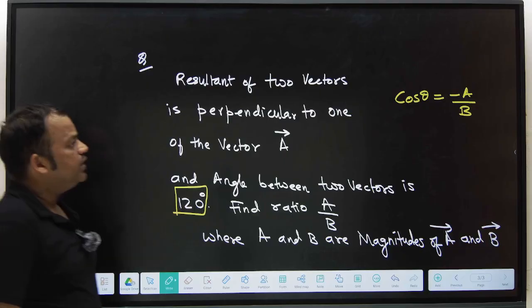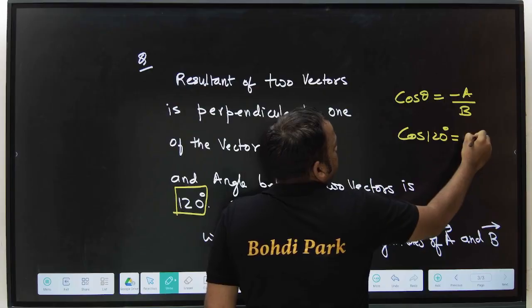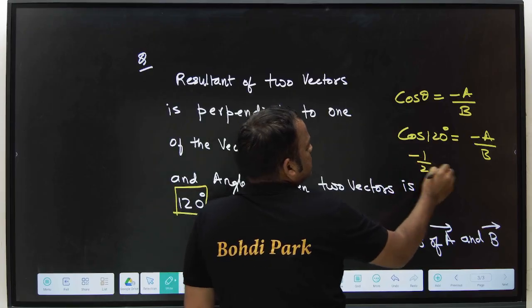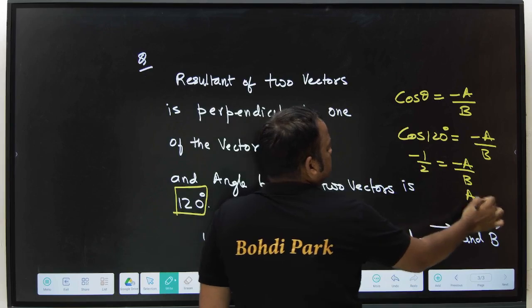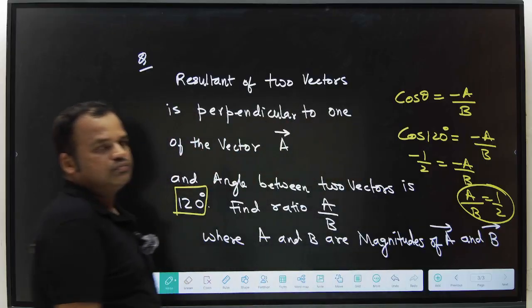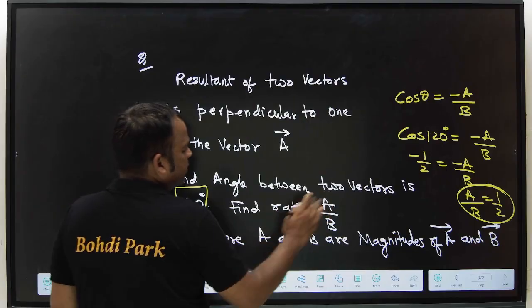Theta is 120°. So cos 120 is equal to minus a by b, and we know that cos 120 is minus 1 by 2. So minus minus cancel, we'll get a by b is equal to 1 by 2. This is our answer. Find ratio a by b.